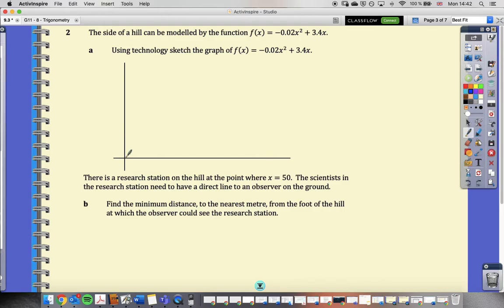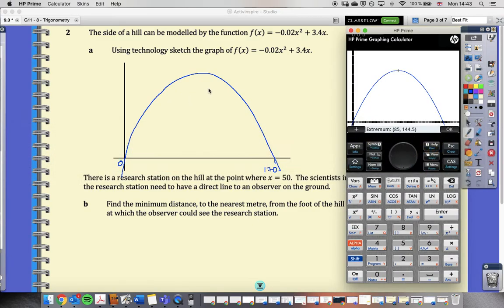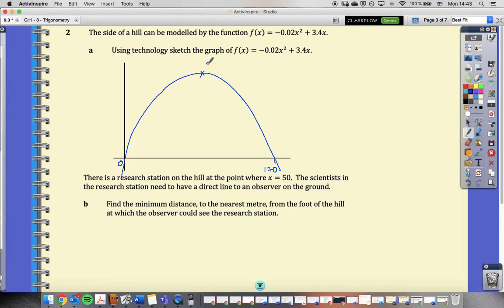So there we go. This I think was 170. This was 0, and that was (85, 144.5). Okay, we've got y, we've got x. I think that's all right as a sketch.